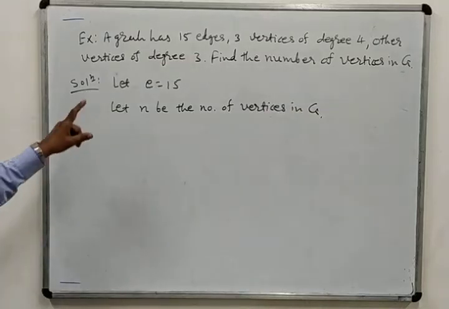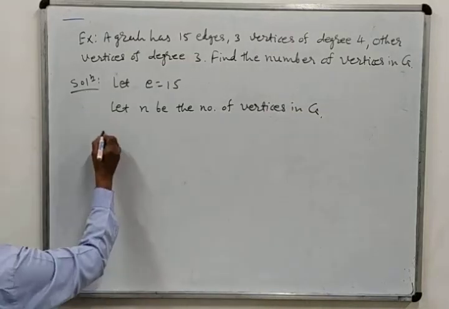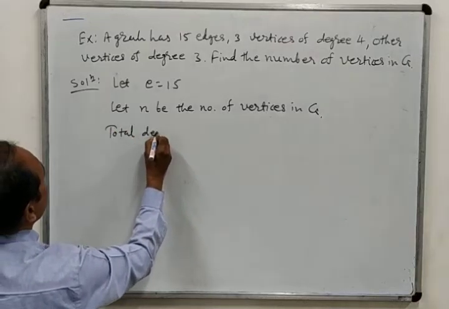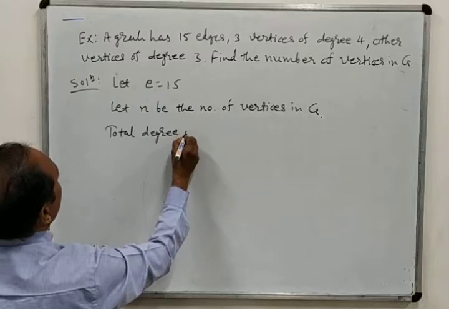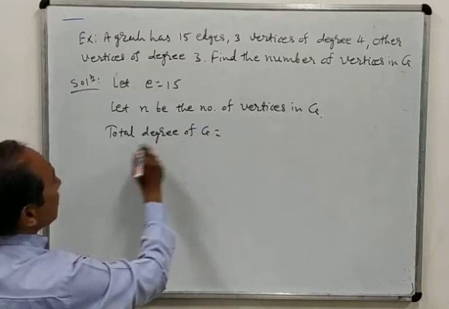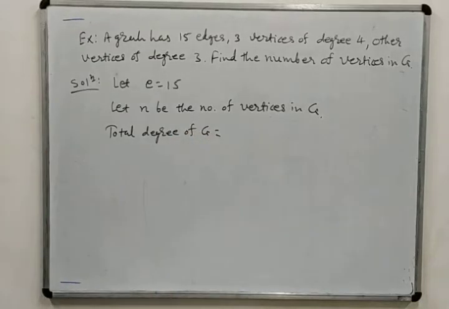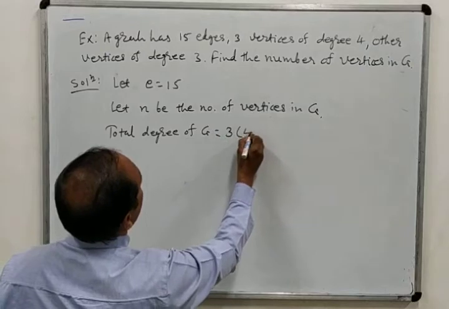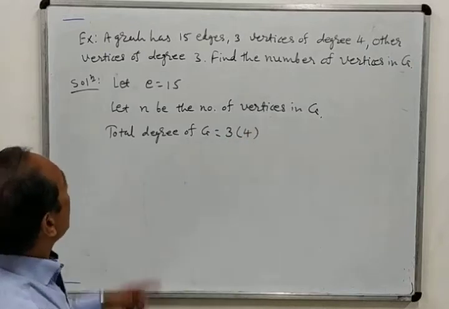Okay, n we want to find out. So now see, for total degree, we will make use of the first theorem. Total degree of G, or simply sometimes we can also write degree of G, whenever we write that, it must be understood as total degree. Okay. So here total degree is: 3 vertices are of degree 4, so 3 into 4, and other vertices.